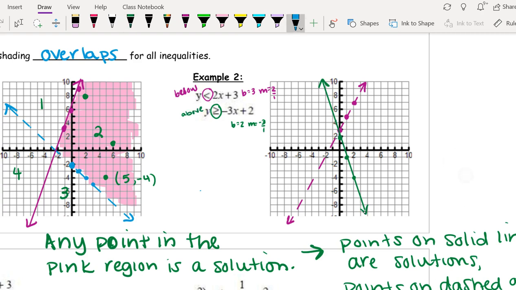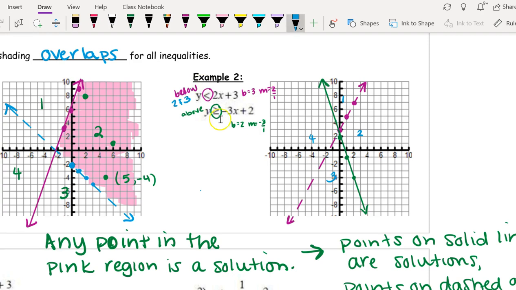4 regions. So I can call this region 1, region 2, region 3, and region 4. Where are the solutions to the purple line? So below the purple line, 2 and 3 are solutions. So 2 and 3 satisfy the below.